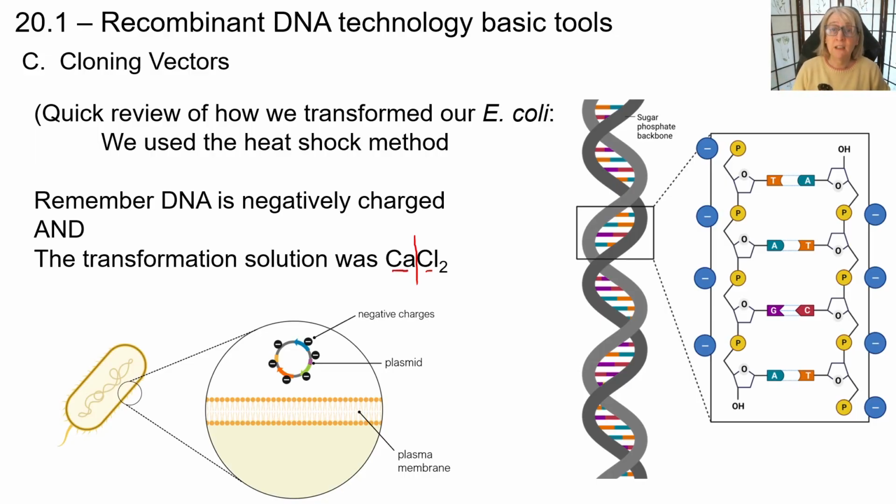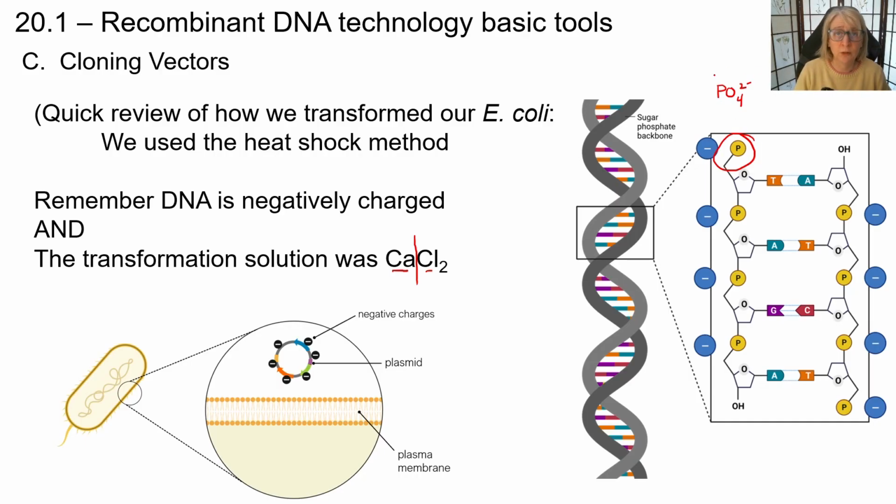That takes advantage of the fact that DNA is negative, and so the DNA of the plasmid that we want to insert is negative. That negativity is a result of these phosphate groups. They are a little bit negative, PO4 3-.